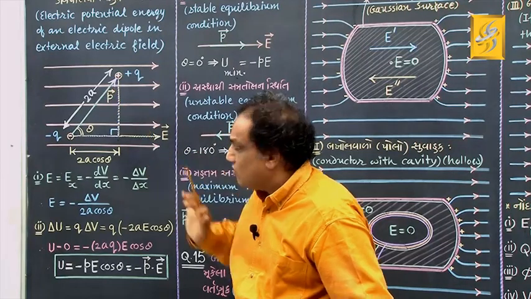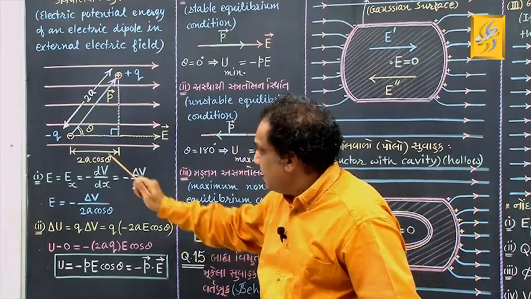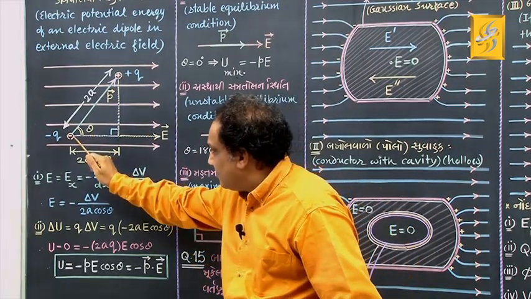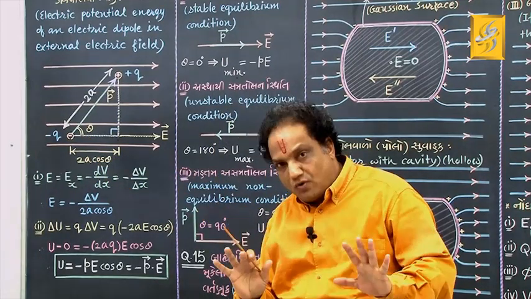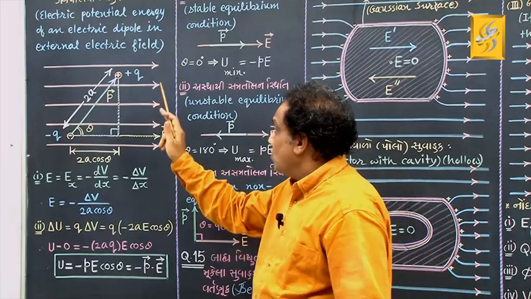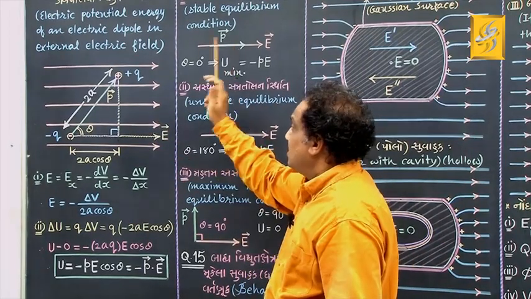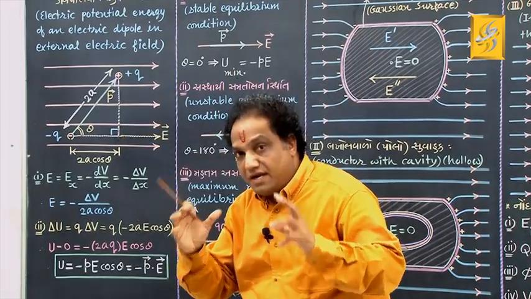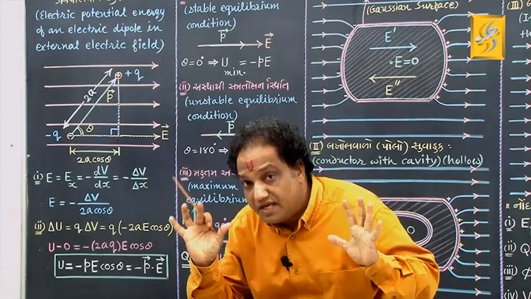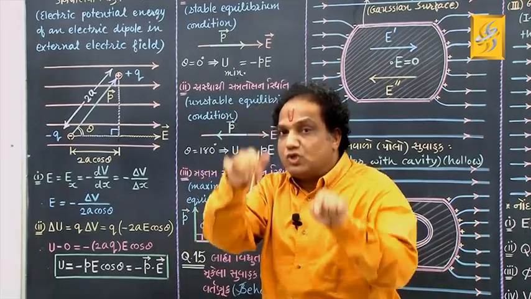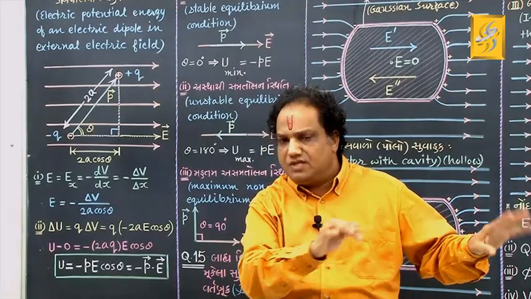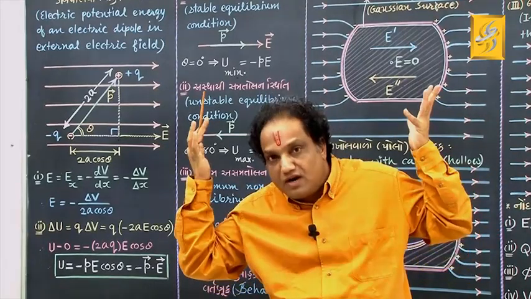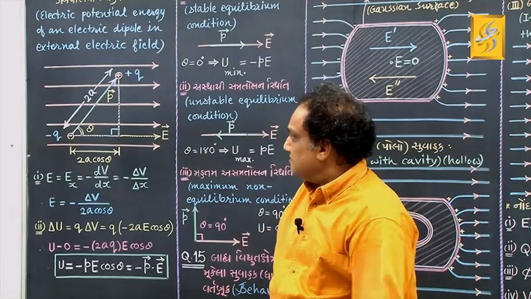You can see it makes angle theta with this external electric field. Correct? Now, in order to rotate this dipole from this condition to this condition, I need to spend some energy, and that energy will be stored in this electric dipole in the form of electric potential energy, which I require to find out.